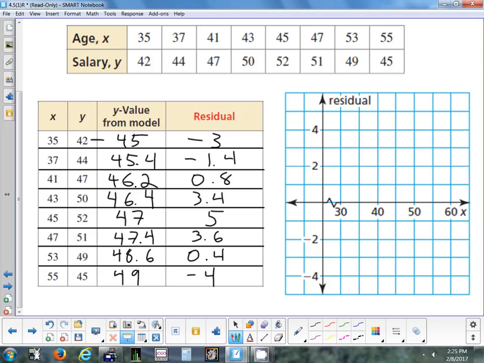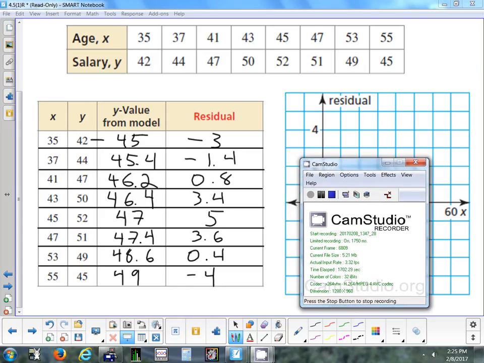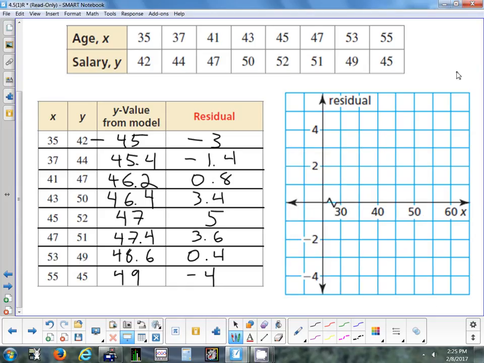Before I even graph it, in fact, I'm not even going to graph this one. What do you guys think? Is this a good fit or no? Why is this not a good fit? Shannon? Because there's only 3 negative residuals and then there's 5.